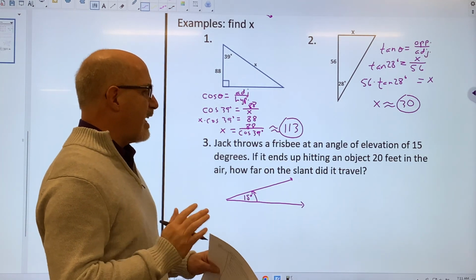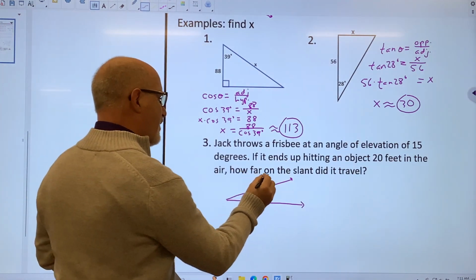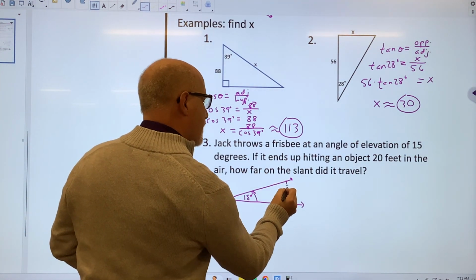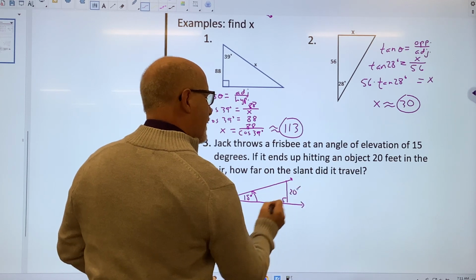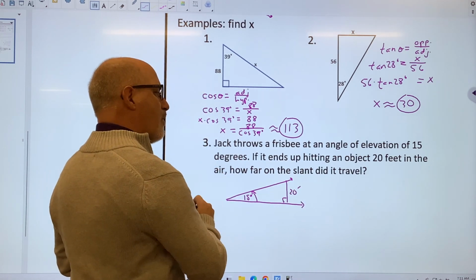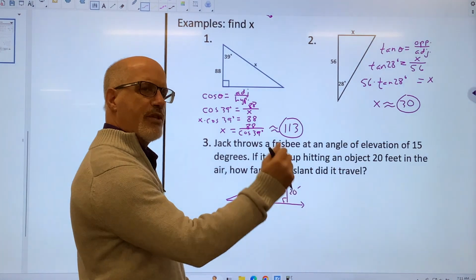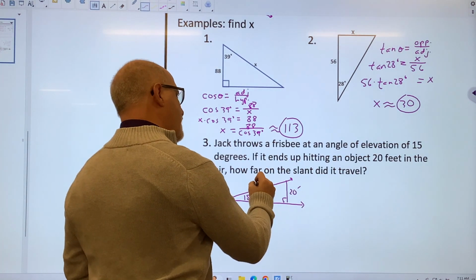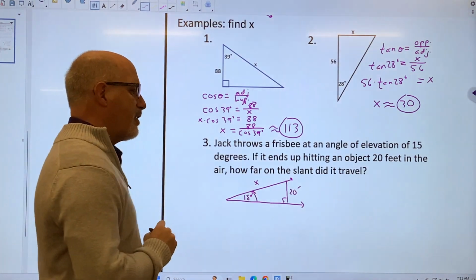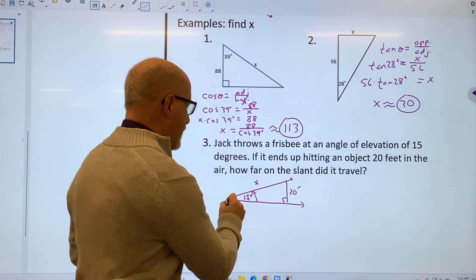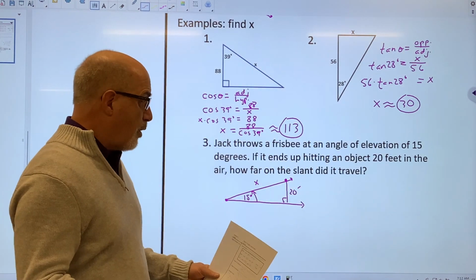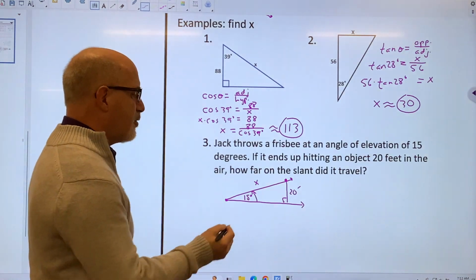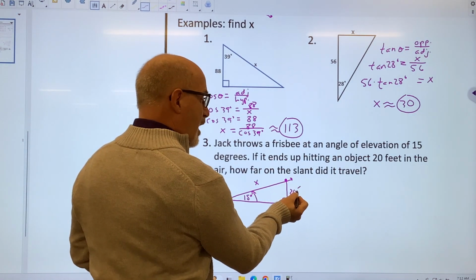Now, it says if it ends up hitting an object 20 feet in the air. So I'm going to put this here and say, okay, this is 20 feet up, all right? It says how far on the slant did that frisbee travel? So I want to know what this is here. That's my unknown, how far from here to here did it travel? Well, if I look at the information given to me, I'm given the angle and the opposite side.